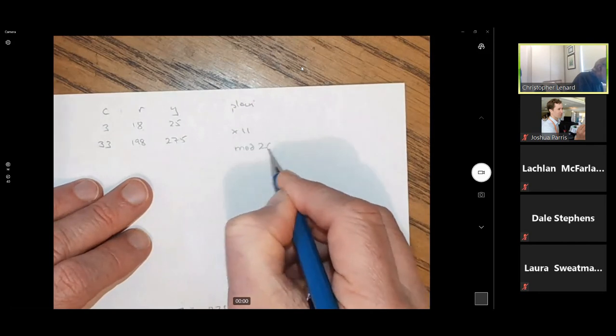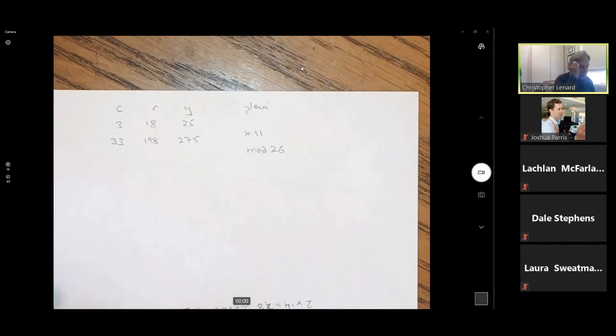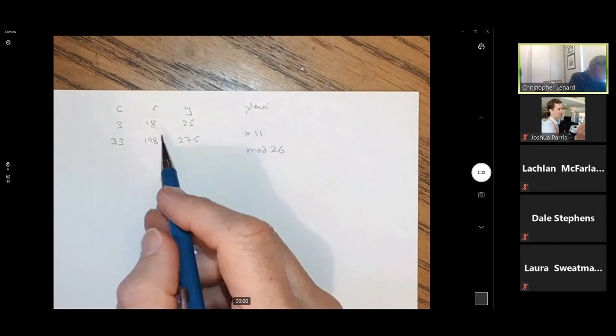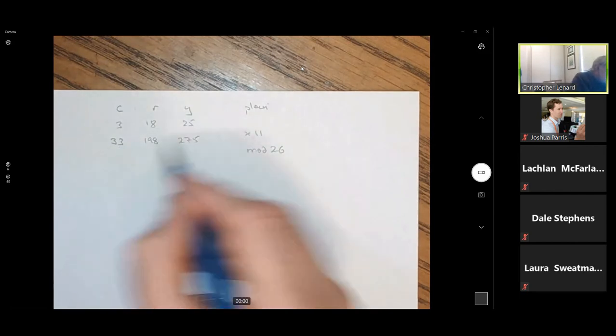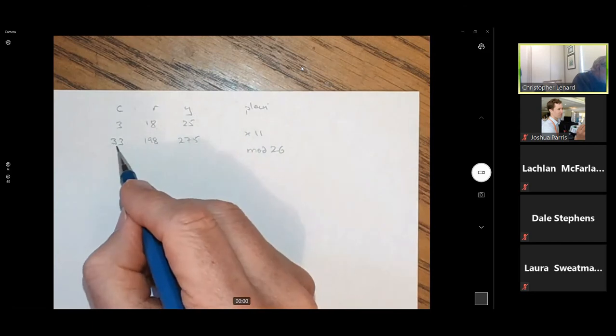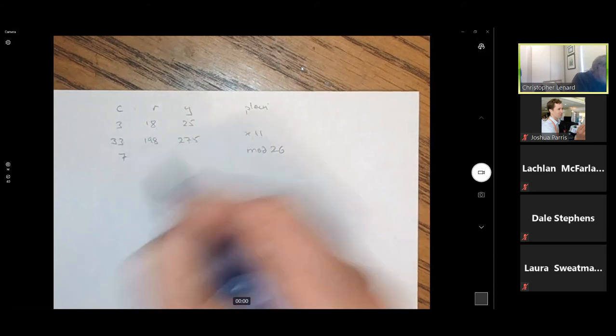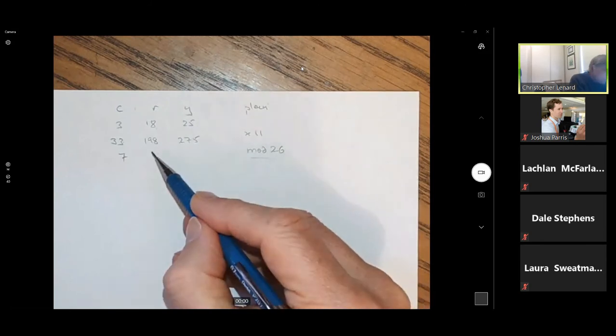Now we've got to reduce mod 26. I'm setting this out in a template because something very similar is going to happen in a little while. Okay, reduce mod 26. You can just subtract 26, and that would leave you with 7. So 33 and 7 are the same in this mod 26 arithmetic. 198.